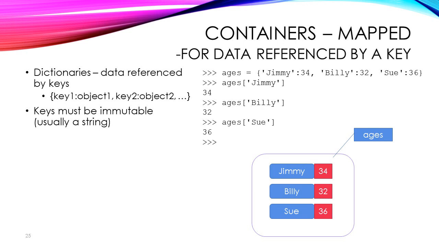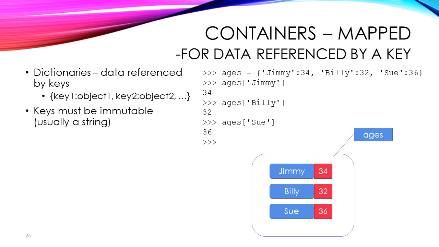The syntax for creating a dictionary looks like this. You have a variable equals, and then you start with a curlicue bracket, the first item in your dictionary, which consists of the key, a colon, and a value.